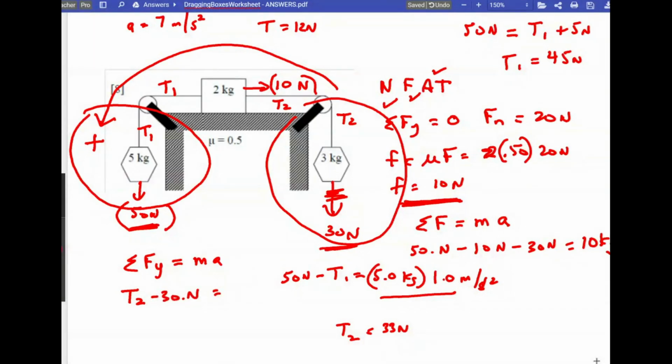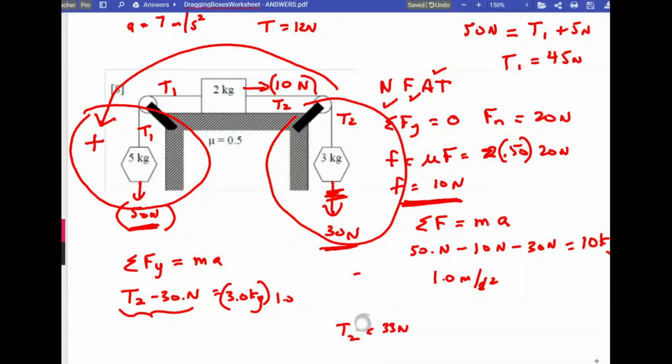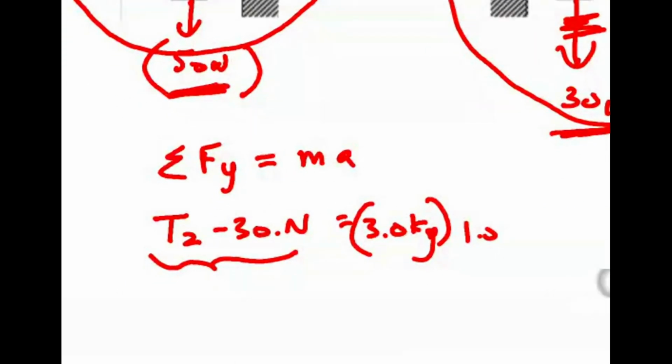Equals m a. What are those two forces accelerating? Only the 3 kilogram object. And what acceleration does it have? 1.0 meters per second squared.